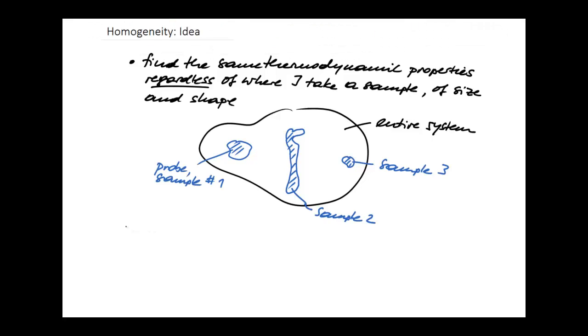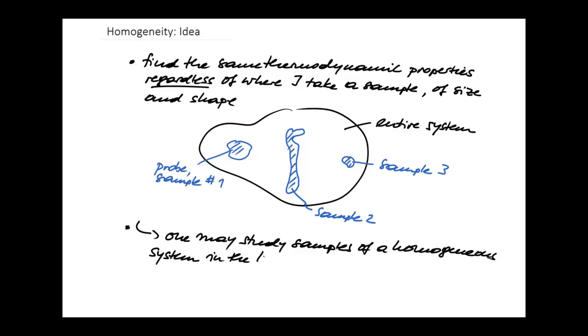And as I said, this is an extremely important property that in a certain way enables us to do science at all, because then what you can do is study samples of a homogeneous system in the laboratory.